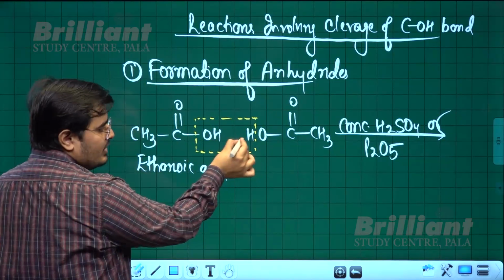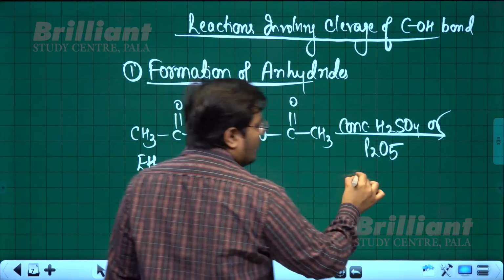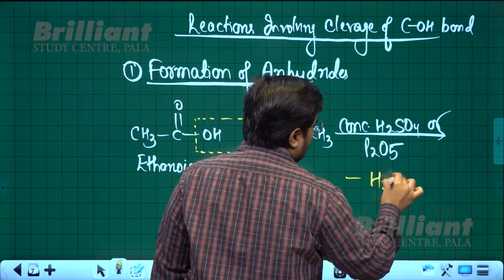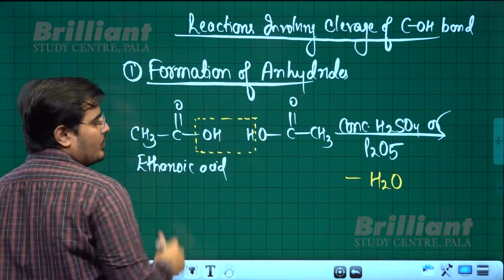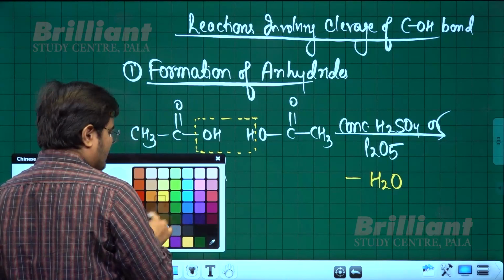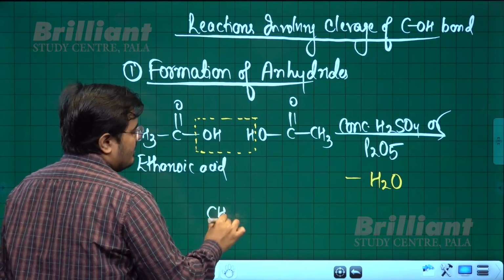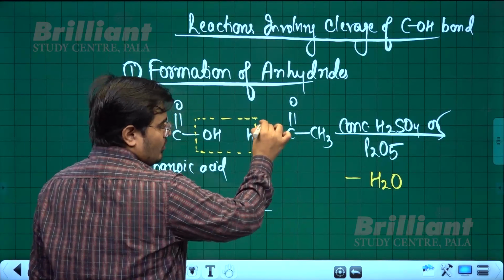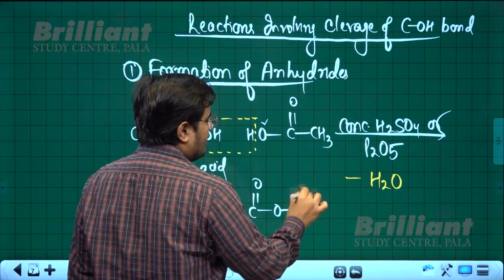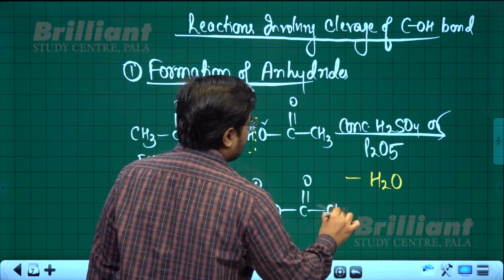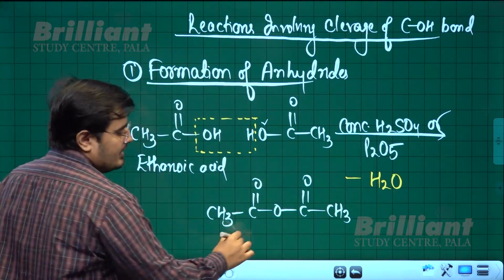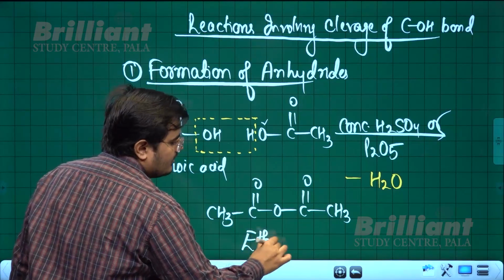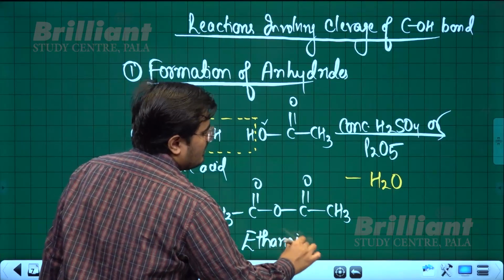That means this OH and H will leave as water, and the acids are going to join together as CH3, C double bond O, O, C double bond O, CH3, and this will be ethanoic anhydride.